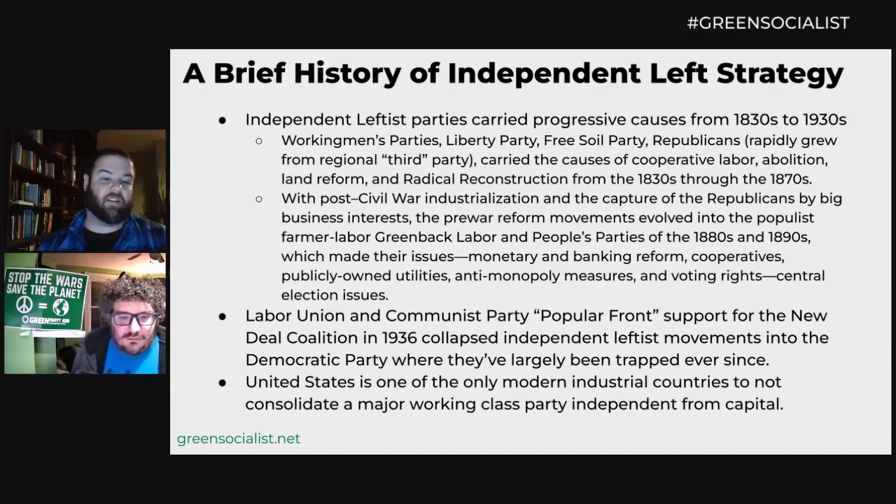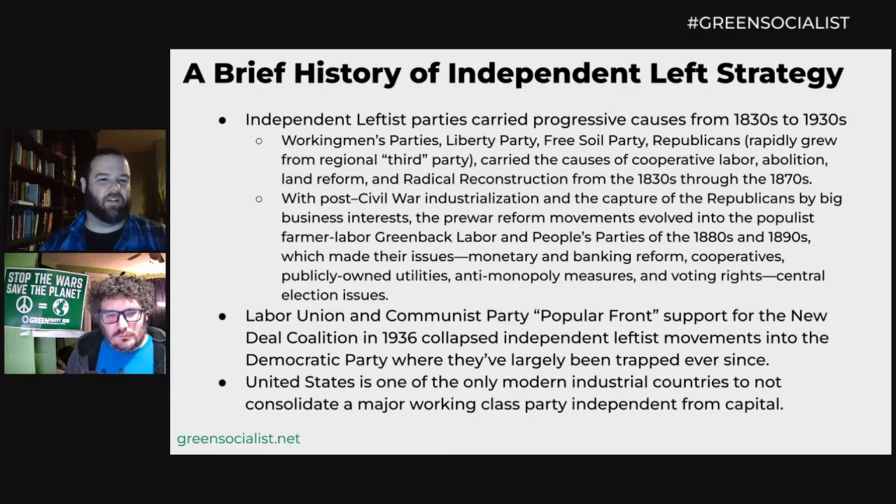And even when you get into independence, right? Like Bernie, when Bernie was first elected to the House in the 90s, one of the first things that happened was he came to an agreement with the Democratic Party, right? That agreement was he would caucus with them, which means he'll largely vote with them.